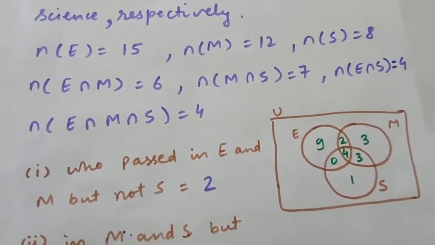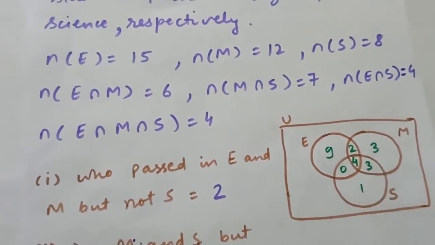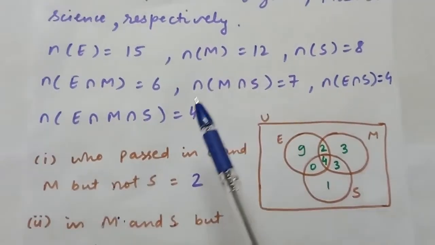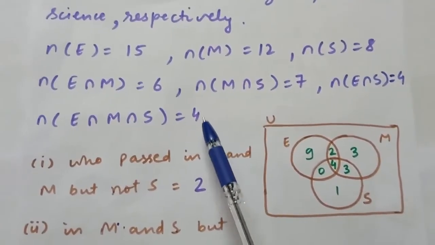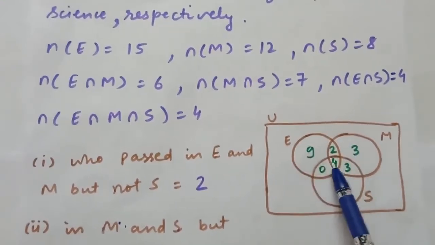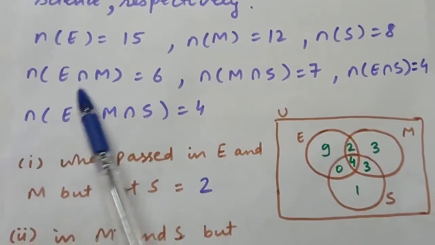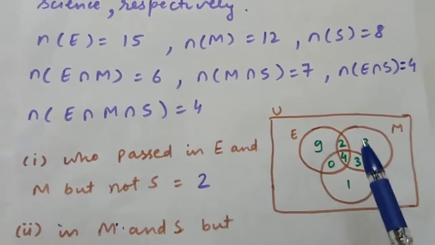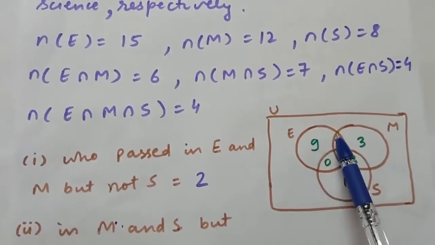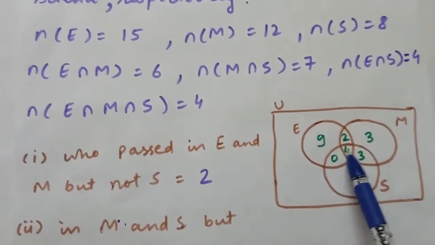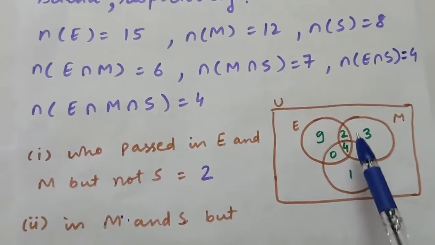So see, first of all, we will make the Venn diagram using this information. Now making Venn diagram. Students studying all the 3 subjects is 4. So first of all, fill this. Now students studying English and Maths is 6. So 4 is already there. This portion is the intersection of English and Maths. 4 we have already written. So write here 2.